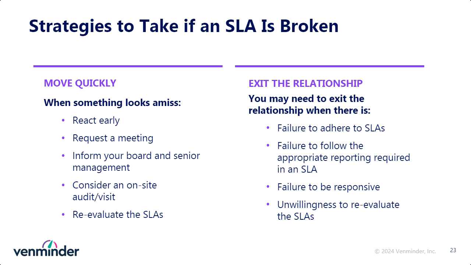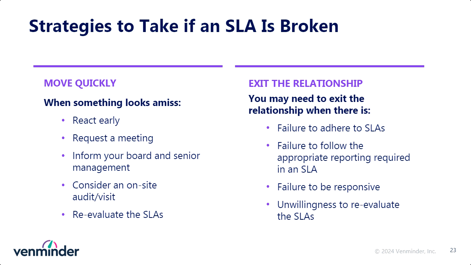This is where you would want to possibly consider that, because of course it would come with an expense associated with it. And then you may also even want to reevaluate the SLAs. Maybe it's an agreement between both parties that the SLAs that were put in place are just not the right SLAs, so let's reevaluate them. That's certainly something you might want to consider.